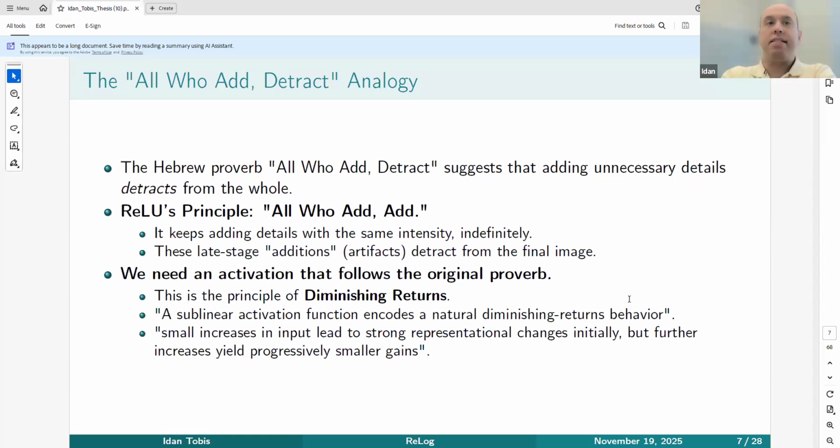So what we would like is a sublinear activation function that encodes a natural diminishing returns behavior. A sublinear activation function will have small changes at the start, close to the y-axis, cause a strong reaction, but the further we increase the output, those small changes yield a smaller and smaller return, a diminishing return.